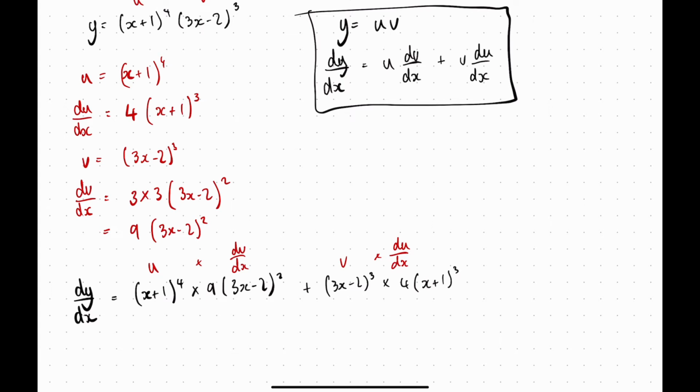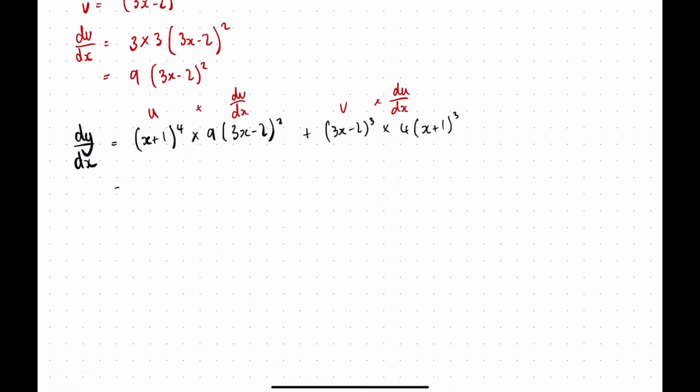In this case, we can then expand and simplify. But I would rather just write this as one thing. So, first of all, you've got 9 times x plus 1 to power 4, and then 3x minus 2 squared.